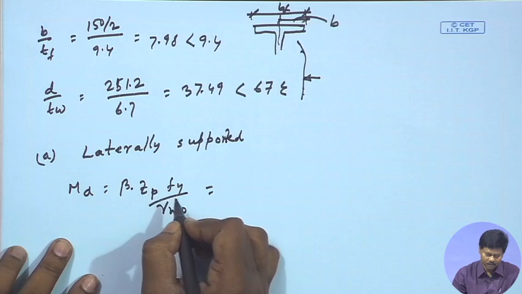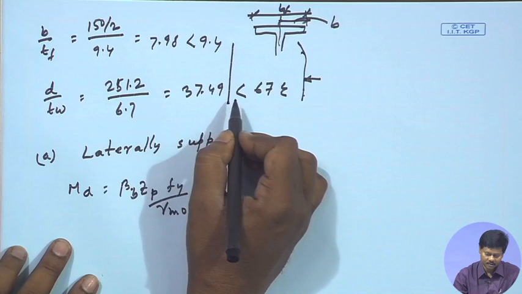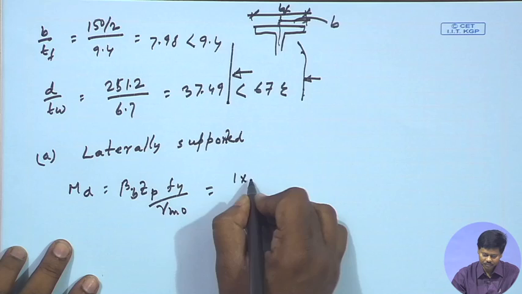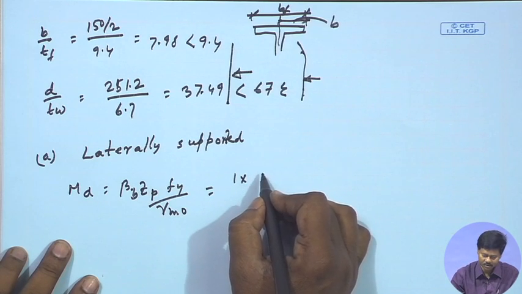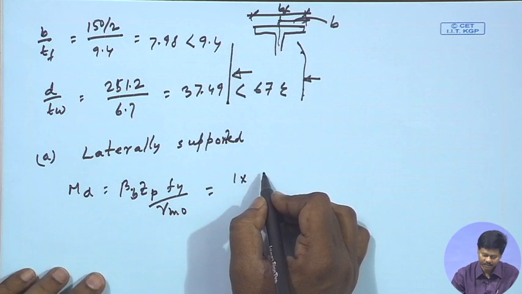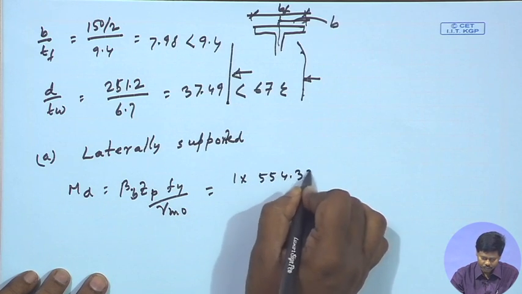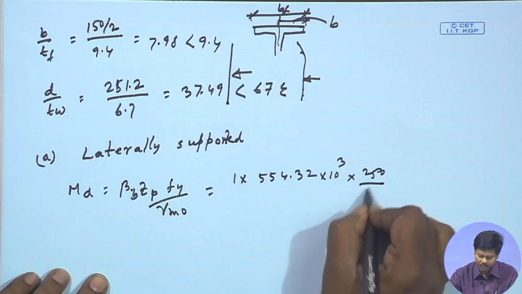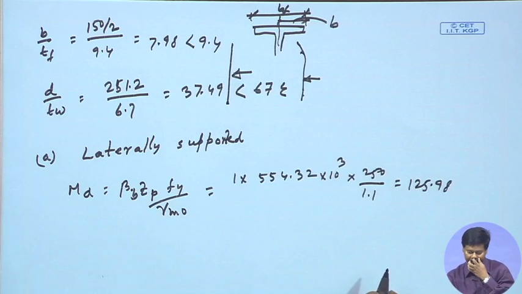Here beta B will be 1, because we can see that this is a plastic section. So for a plastic section, beta B is 1. The Zp value is not given in SP6, you can find it in IS 800 2007. So Zp value is 554.32 into 10 cube, into Fy, 250 by 1.1, so 125.98 kilonewton meter.